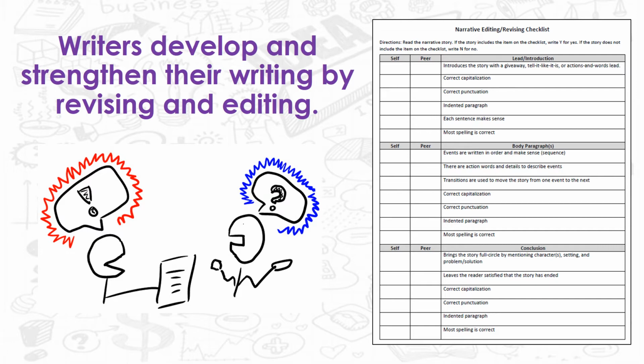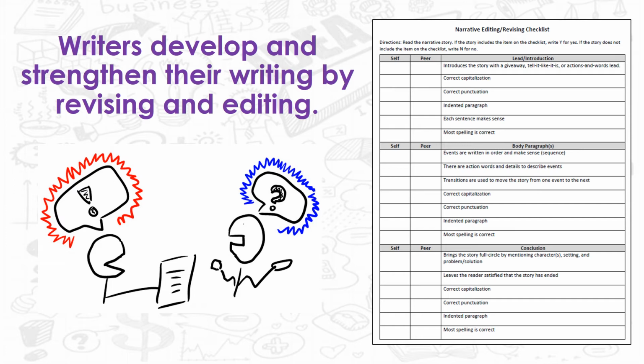If you did not do that, you're going to put an N for no. So you're going to go through each item on the list, and if you did it and you see it in your writing, you'll put a Y for yes. If you don't see it in your writing, you're going to put an N for no. So you're going to go through the whole list on your own with your own narrative story first.